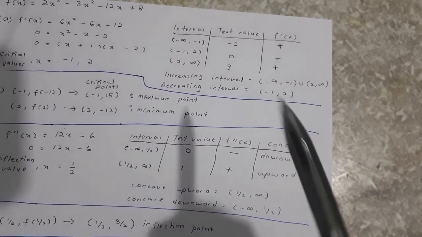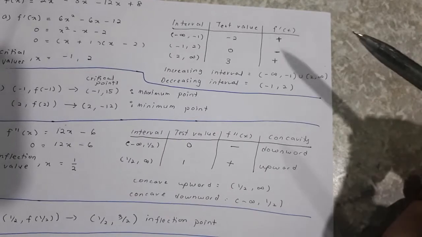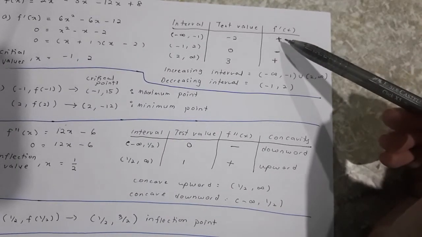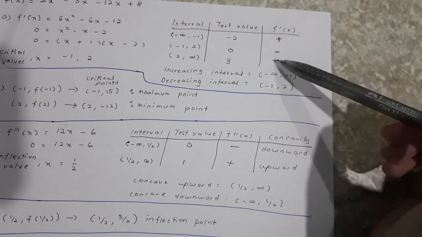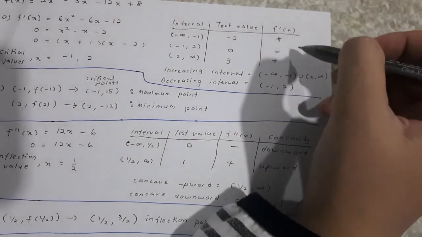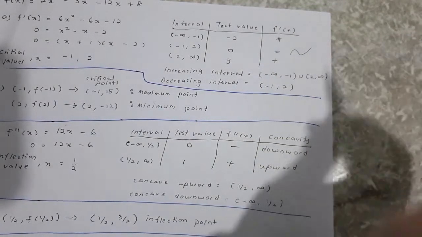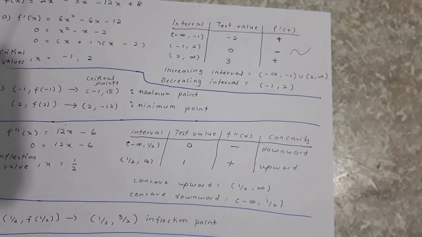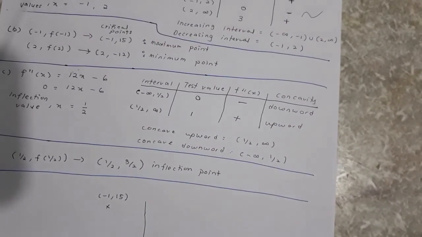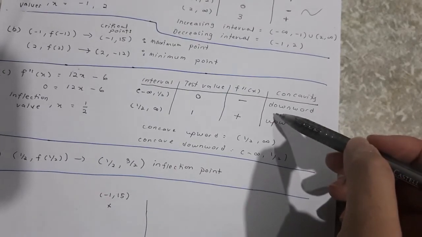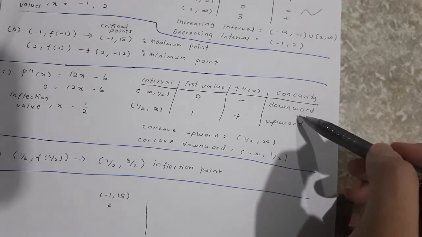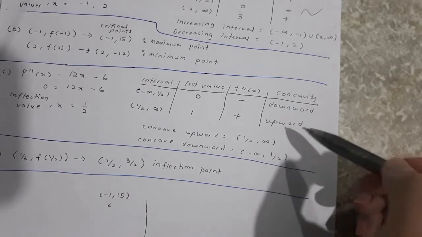From A, we know that the interval will start from increasing, decreasing, increasing. So the shape of our graph is like this. And then from the concavity, we know that the graph will start from concave downward and then concave upward.